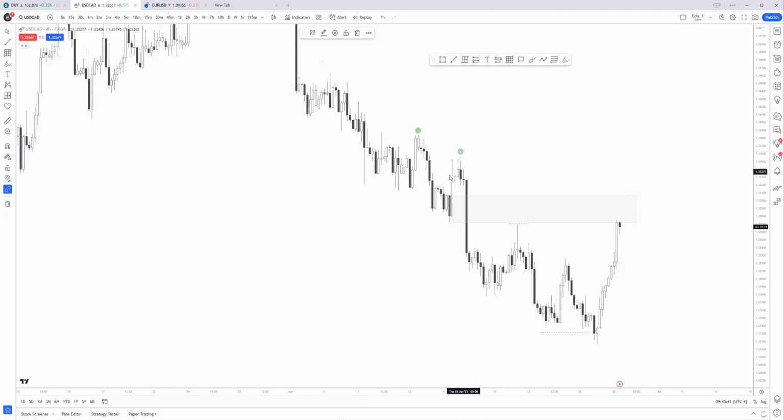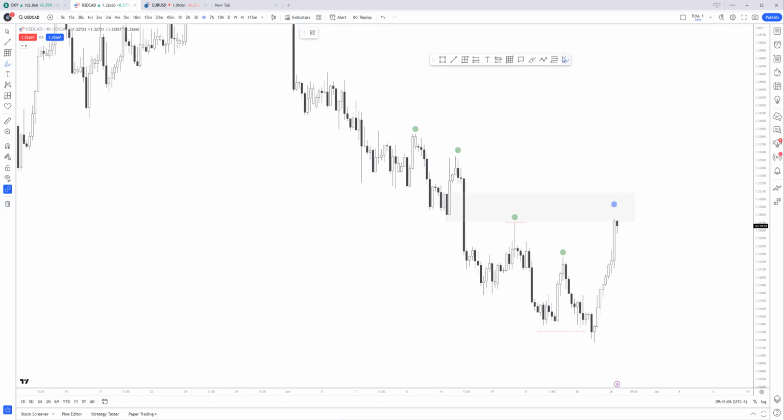We have a type 2. I don't see long-term swing points. Maybe on the 1-hour. We have type 2. We've now broken this one here, which is also type 2. We've broken it, so there's a possibility that we form a long-term swing point from here.